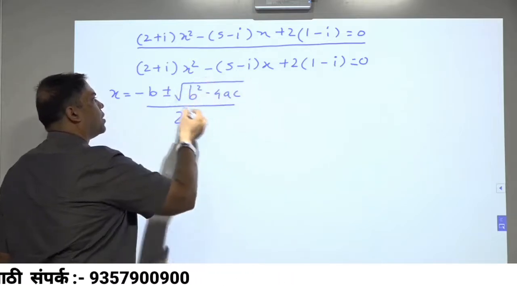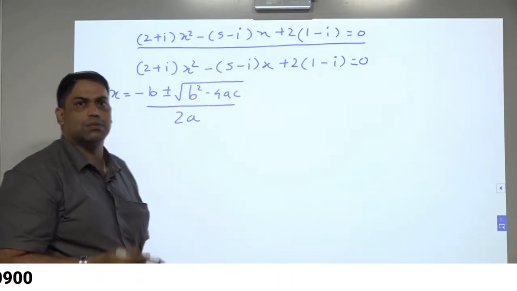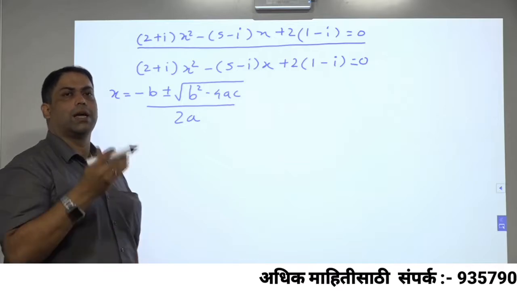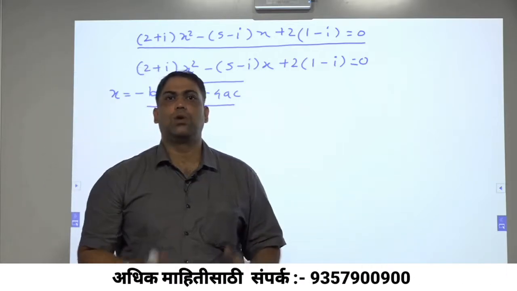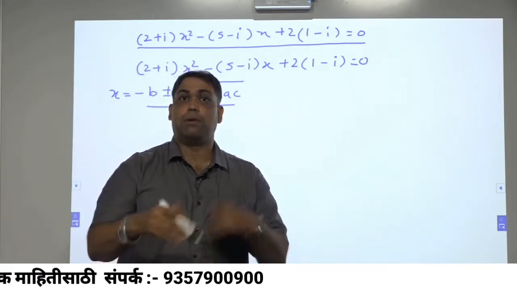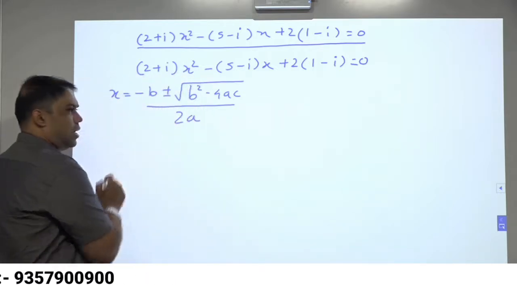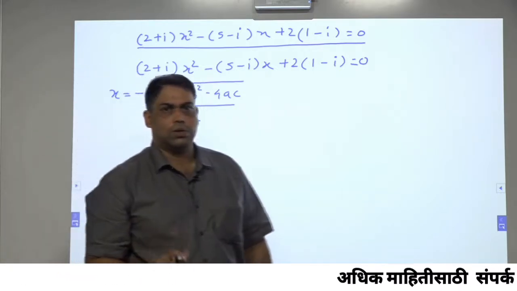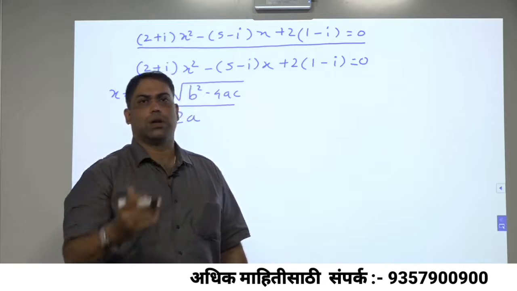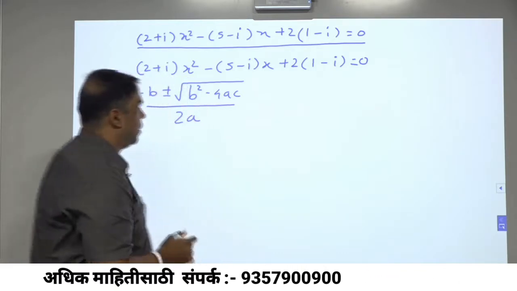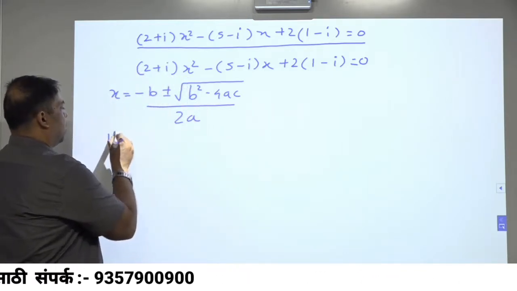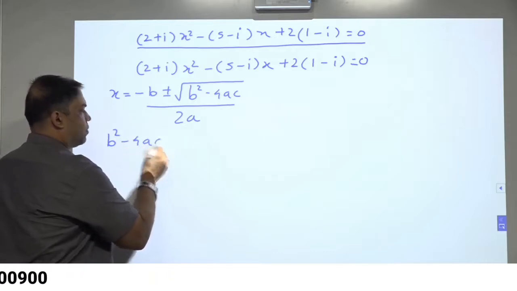I will solve this first one, square root of b square -4ac. Before taking square root, I will calculate the value of b square -4ac. See how to calculate that. If you want it in Marathi also, I am going to explain it in Marathi also. Don't worry. So now b square -4ac.